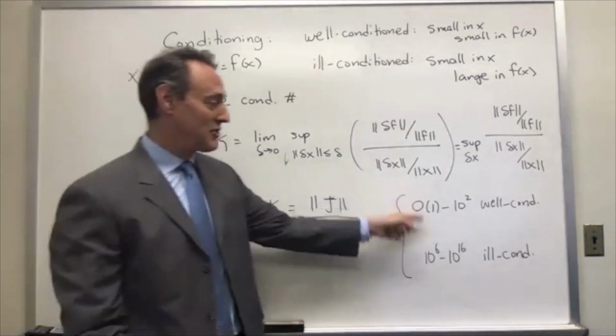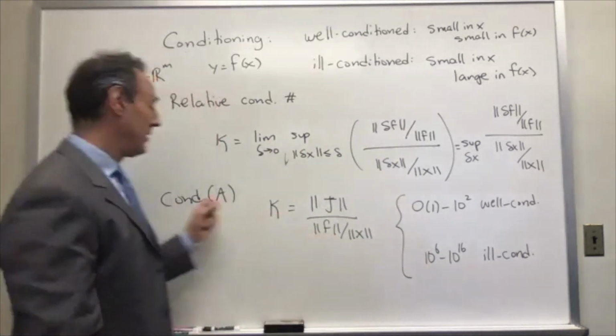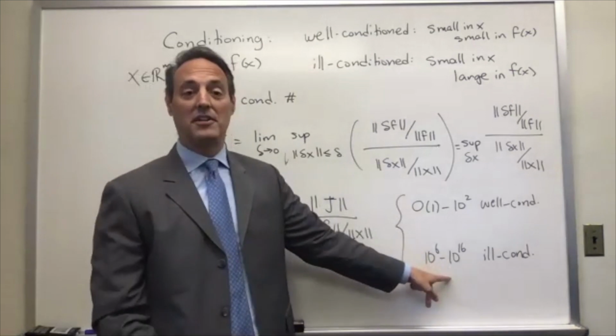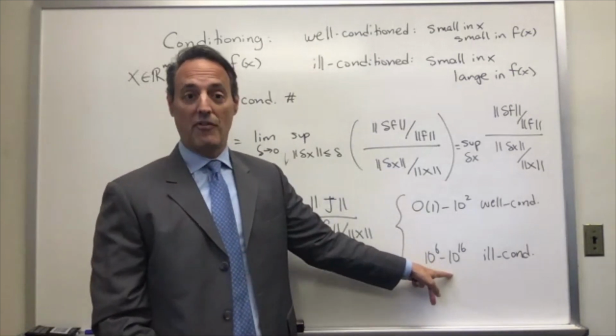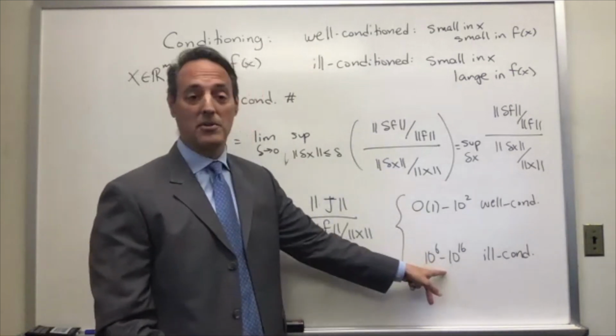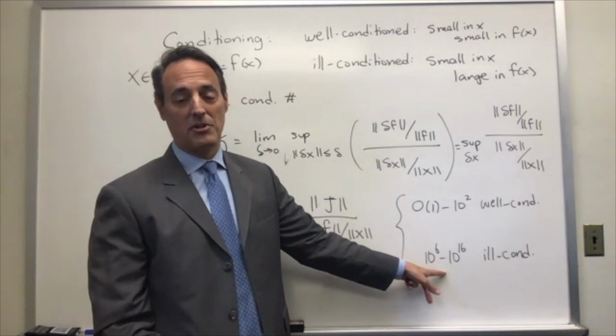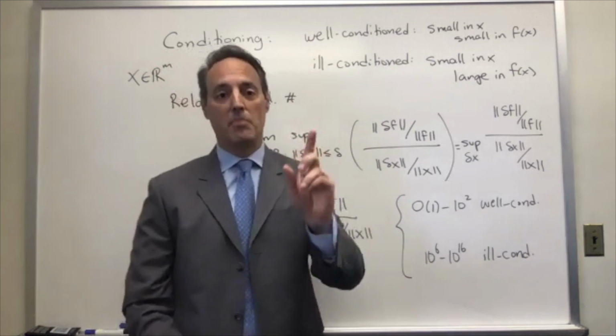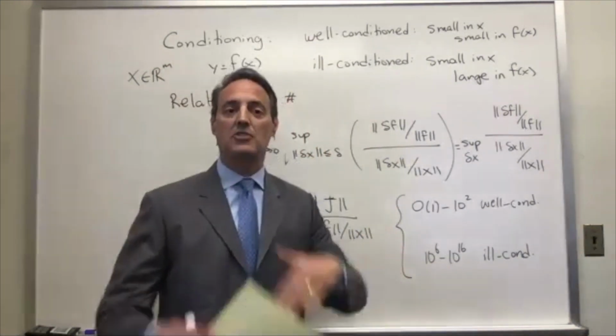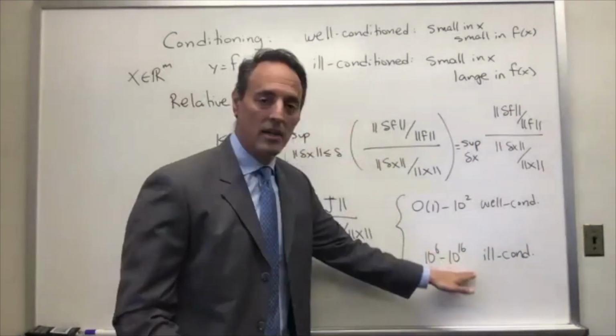And then you ask the question, where does it sit? And by the way, you should be very concerned when you're down here. So when you go solve AX equal to B and the condition number is up here, you probably shouldn't be trusting your values that you get for solutions. In other words, small perturbations will change the answer significantly if you're down here.